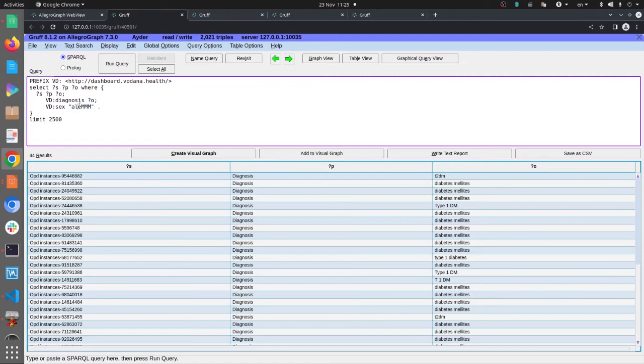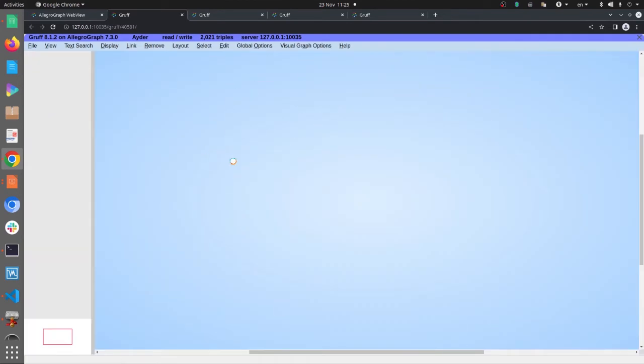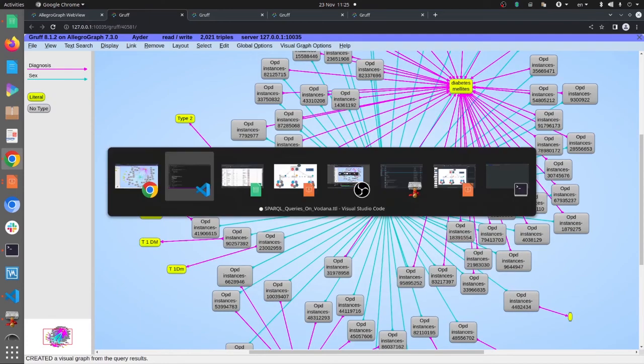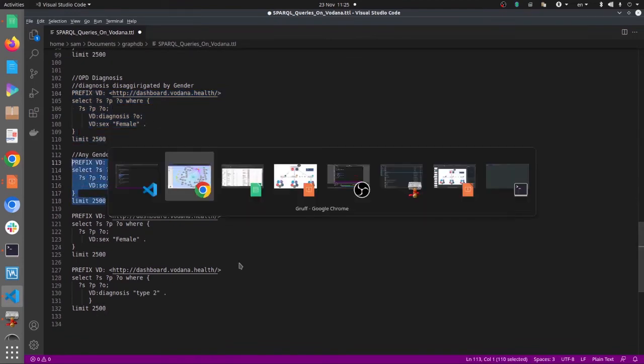in the male cases, and we have 60 of them, which is much higher. We can disaggregate it by the number of visits, by gender, and look at what the distribution looks like.